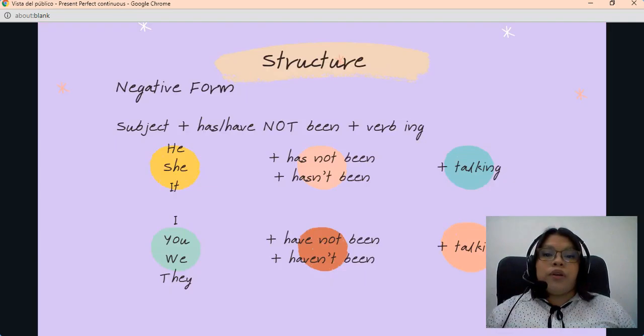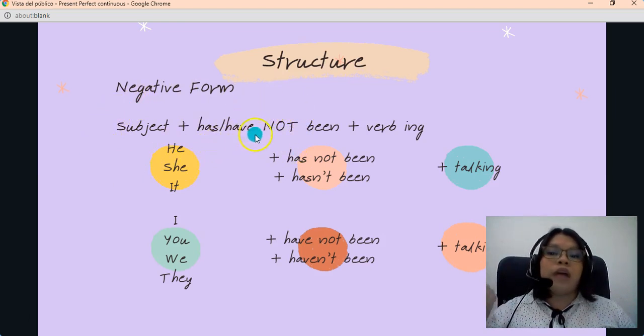We have some other structure, and in this case it will be for the negative form. The structure will be kind of the same, but in this case we're going to be using not to make it negative. So the subject plus has or have, not been, plus the verb in ing.